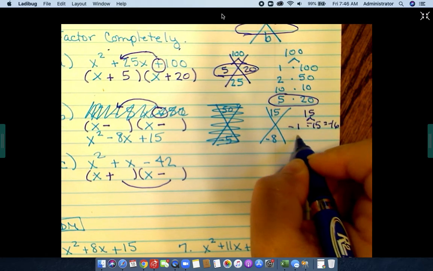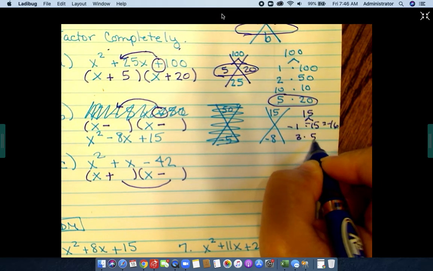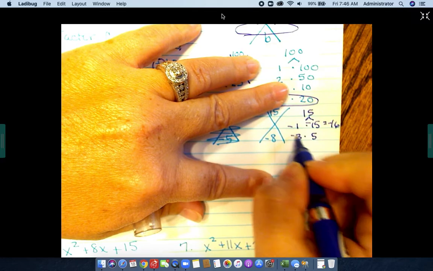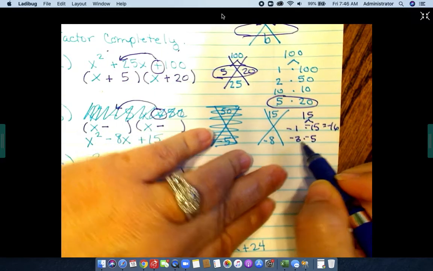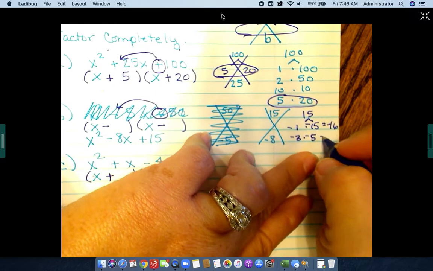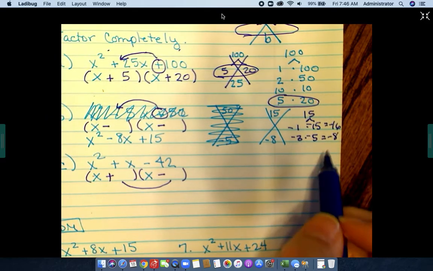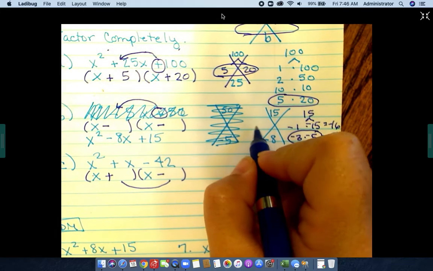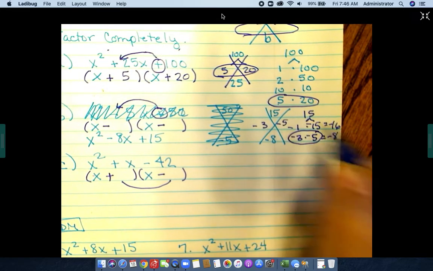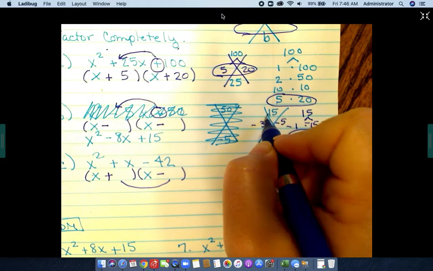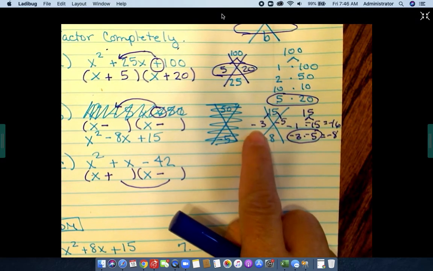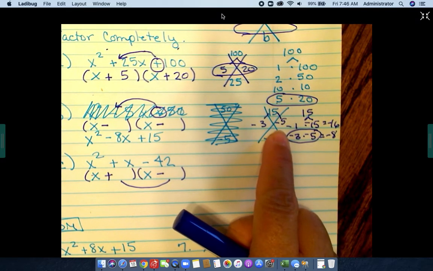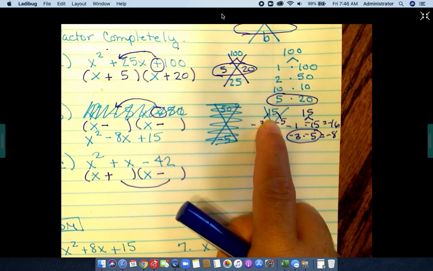I could also multiply 3 and 5 together to get 15. Well, if I combine a negative 3 times a negative 5, I get negative 8. And that's what we're looking for. So that tells us that these are our correct factors, negative 3 and negative 5. So again, 15 is breaking down into negative 3 times negative 5 to give us the positive 15.